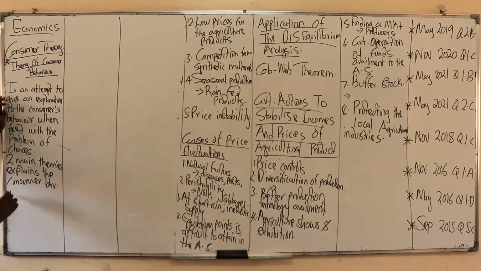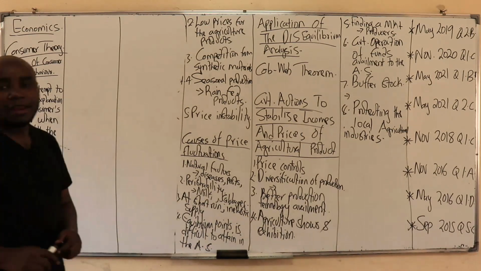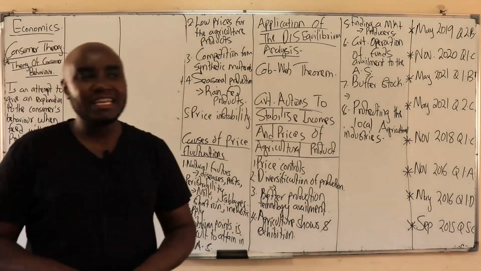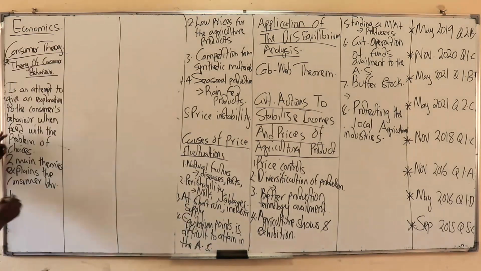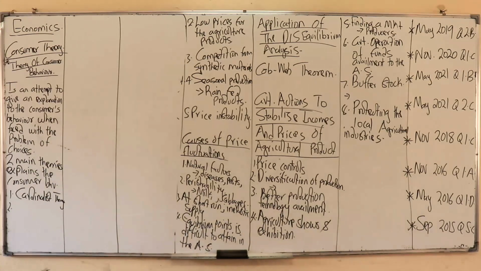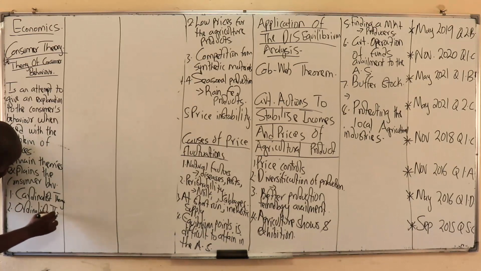Number one, we have what we call the Cardinalist Theory. And number two, we have the Ordinalist Theory.